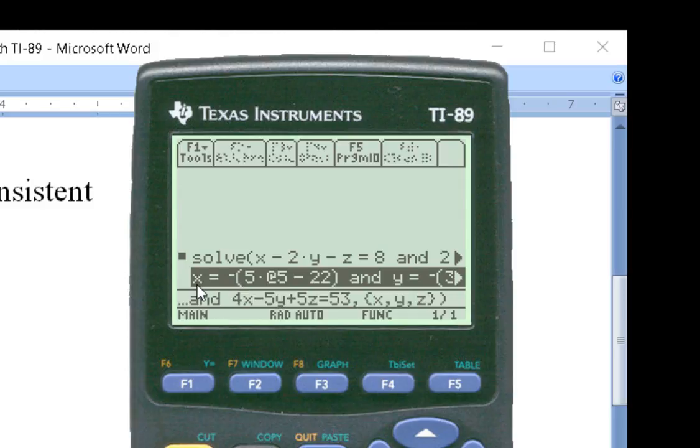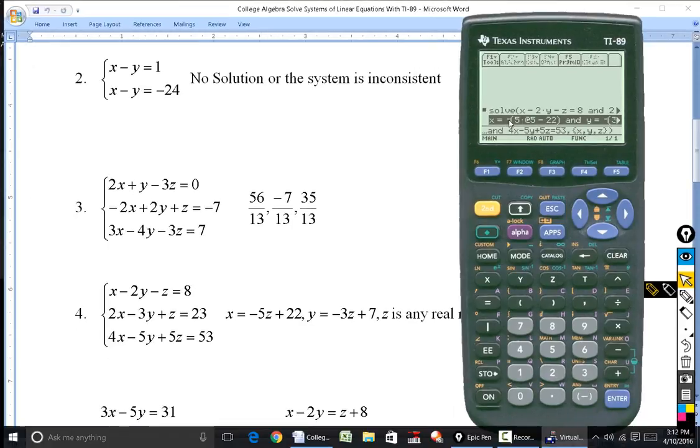So I multiply through, look at this symbol right here that looks like a 5. Treat that as a z, and that's minus 5z, and then minus minus gives you 22. So x is equal to minus 5z plus 22.